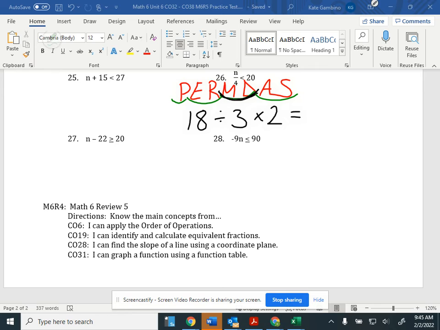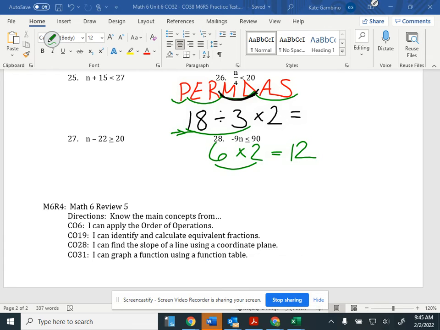So it doesn't matter which one you get to first. You start at the left and you work your way to the right. Whichever one you come to first. I come to 18 divided by 3 first, so I'm going to do that. Now I come to my multiply. 12 is correct.